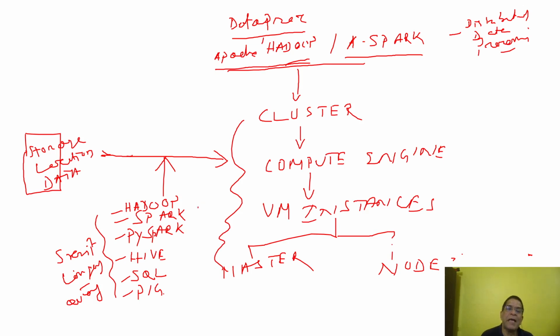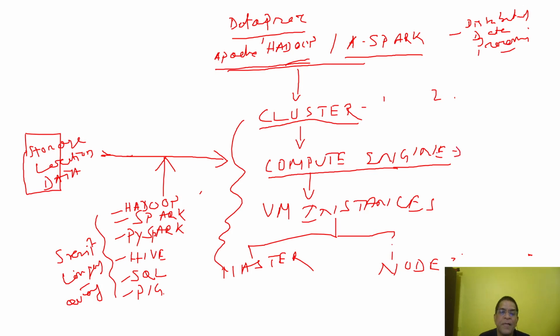So what is happening, I tell you, very interesting. It is creating one cluster for you. You may have different clusters, cluster 1, cluster 2, cluster 3, cluster 4, all that you can do. In that, there is one service in GCP which you can note down, which is compute engine. I will demonstrate it.